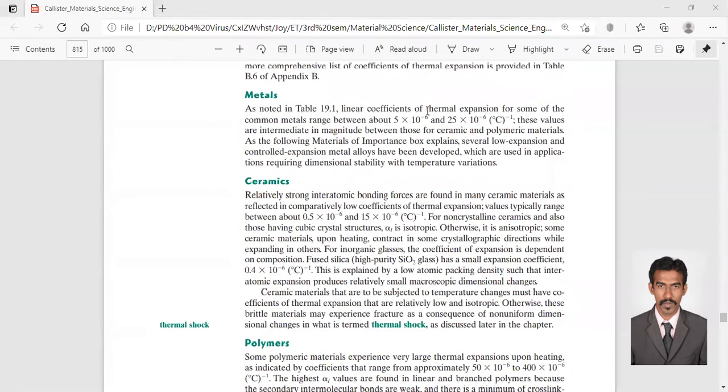As noted in the table, linear coefficients of thermal expansion for some of the common metals range between 5 into 10 to the power minus 6 and 25 into 10 to the power minus 6. If you see the table, all the metals are in this range. These values are intermediate in magnitude between those for ceramics and polymers.